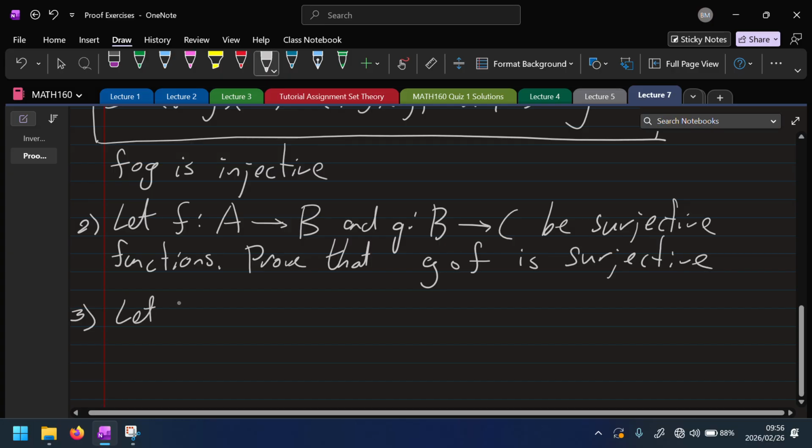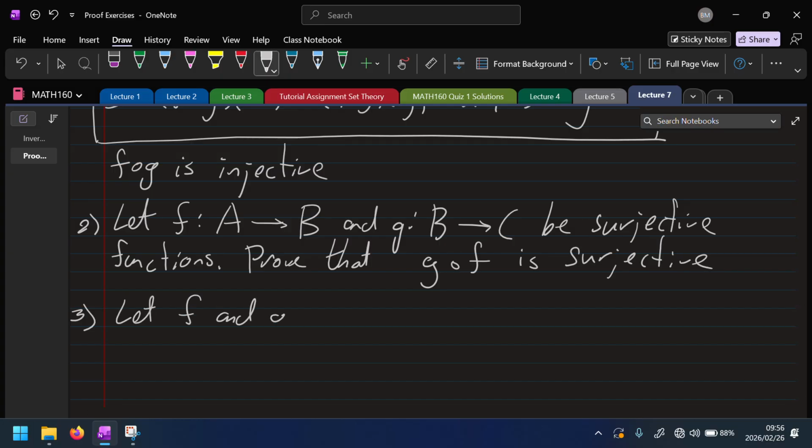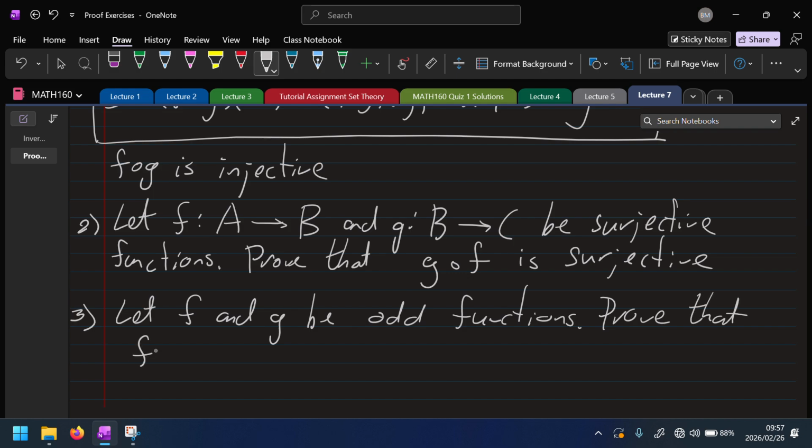Let f and g be odd functions. Prove that f of g of x, so we take the composition, so any odd function, you take the composition, it's also odd. Okay, same idea.